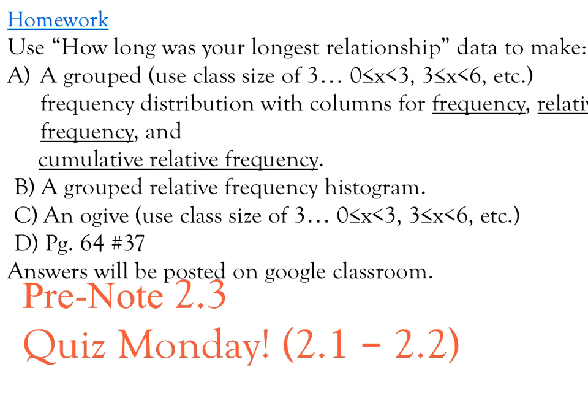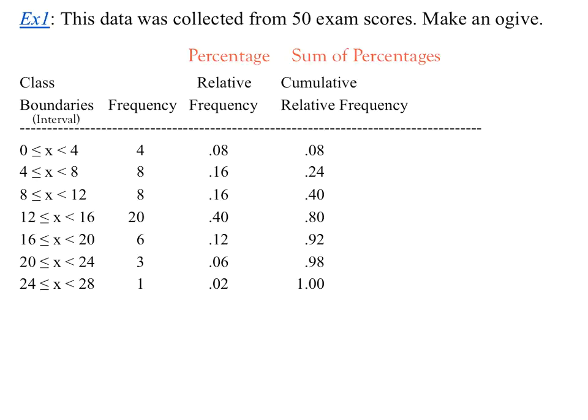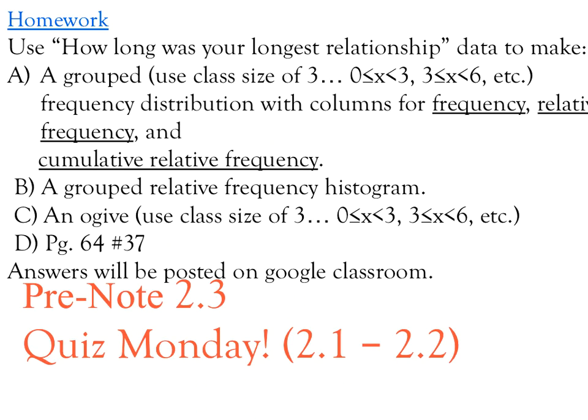And then the other thing you're doing is coming up with the grouped relative frequency histogram. So after you've come up with your chart, you can use your data to do your relative frequency histogram, and then for the ogive, you can use that same chart. You're creating a couple of graphs with that one data set.